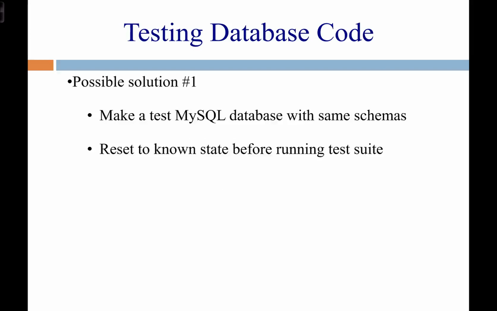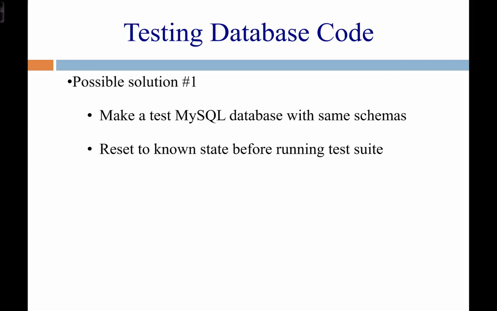The first possibility is we could make a separate database that's just for the purposes of running tests against, and then we don't affect the live database that people are currently using. The test database has to have the same schemas as the live database in order for your tests to mean anything.